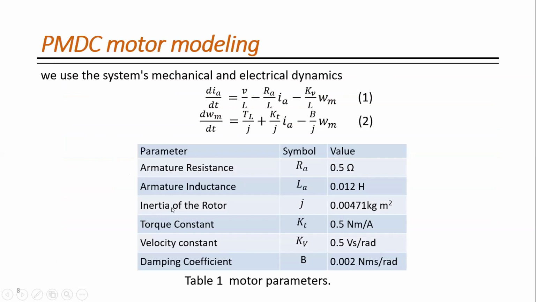The DC motor used for this study is BMDC, which controls the speed by armature voltage control method. To model this system, we use the system's mechanical and electrical dynamics. These two equations show us the mechanical and electrical dynamics of the system. The parameters of the BMDC motor are shown in the following table here.